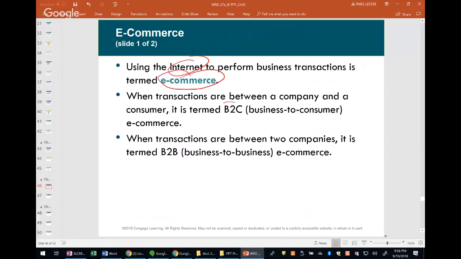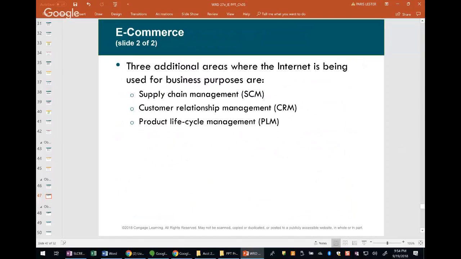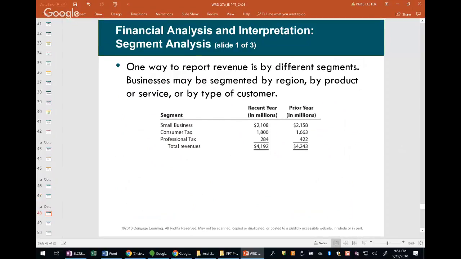It's termed B2C, business to consumer. If it's business to business, it's B2B. Three additional areas where the internet is being used for business purposes are supply chain management, customer relationship management, and product life cycle management. We don't worry about those.